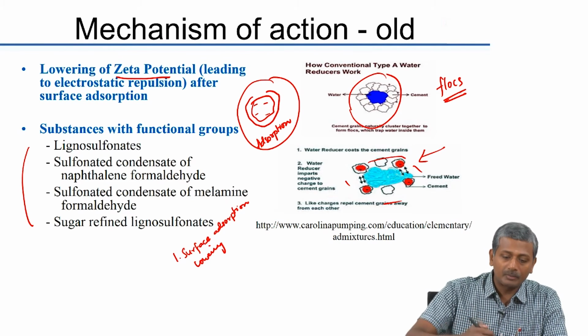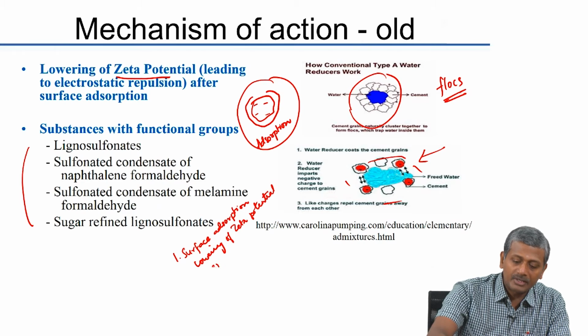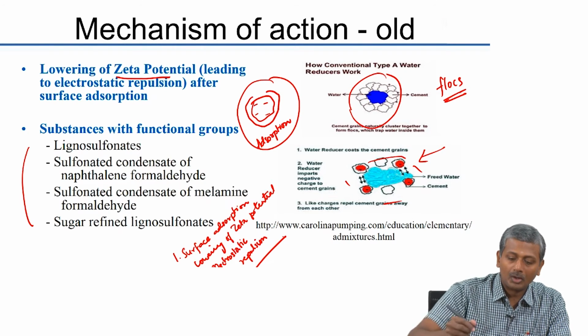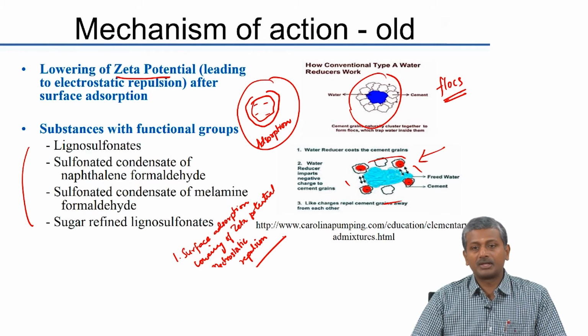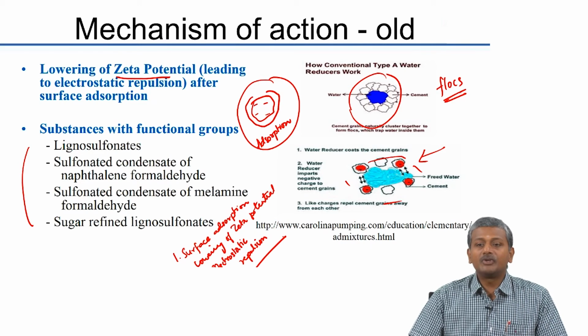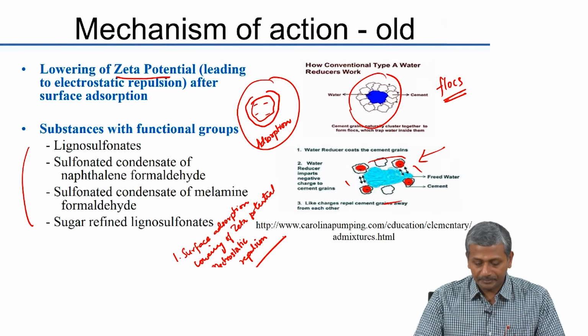So lowering of zeta potential. And the third process is electrostatic repulsion. So you have surface adsorption, lowering of zeta potential, and finally electrostatic repulsion that happens in the case of conventional water reducers or conventional superplasticizers.